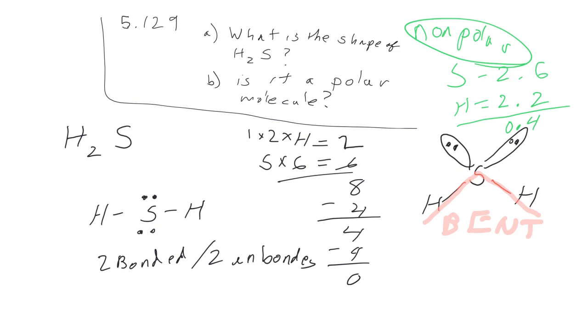Electronegativity is a comparative concept, right? We view it as something hard and fast, but it's not. It's a comparative concept.